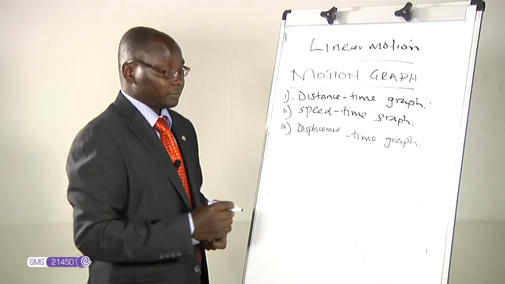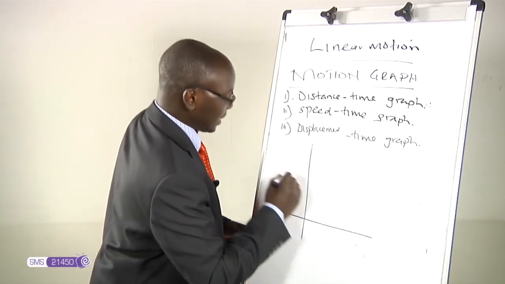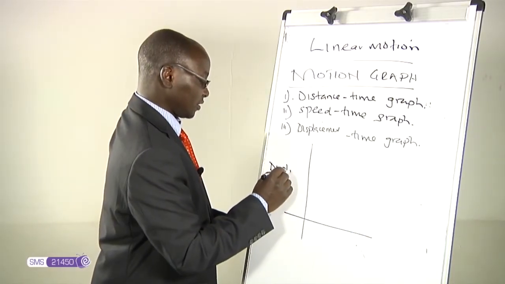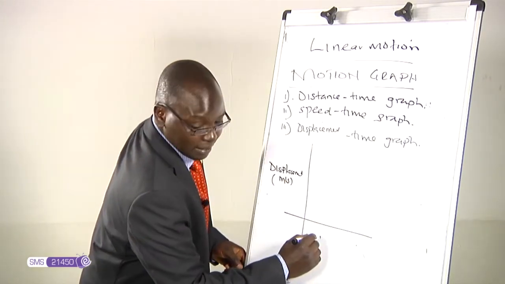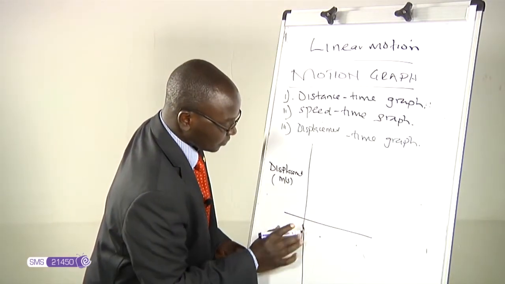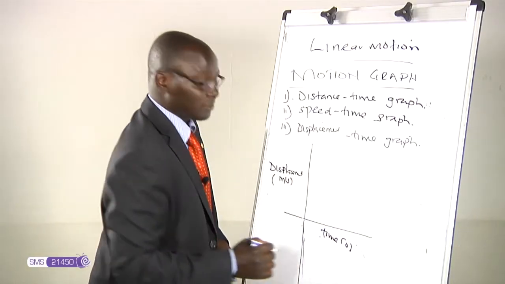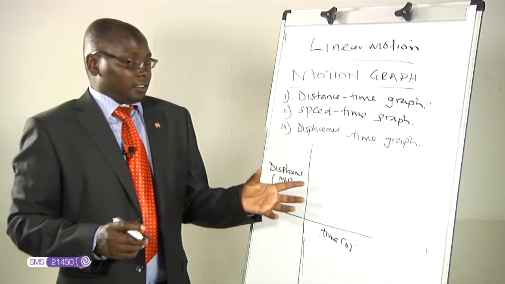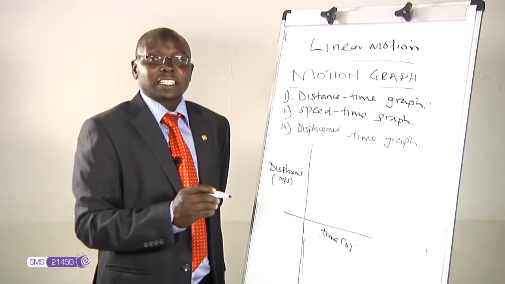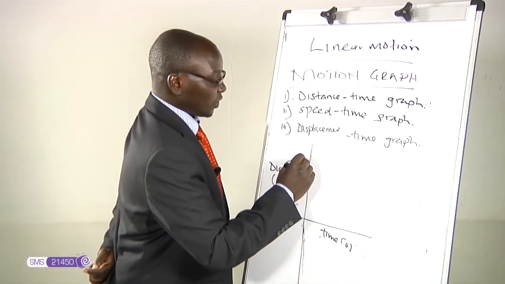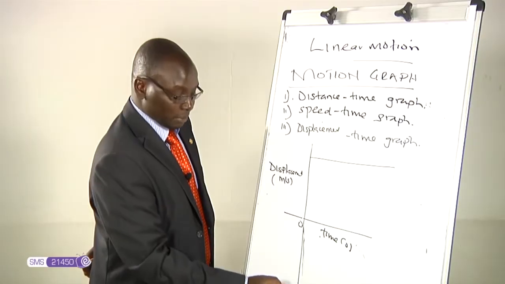So again, for the displacement, we have the displacement here in meters, and then here we have time in seconds. But the first graph here, for a stationary body, for the displacement, we must show it above the axis and below.